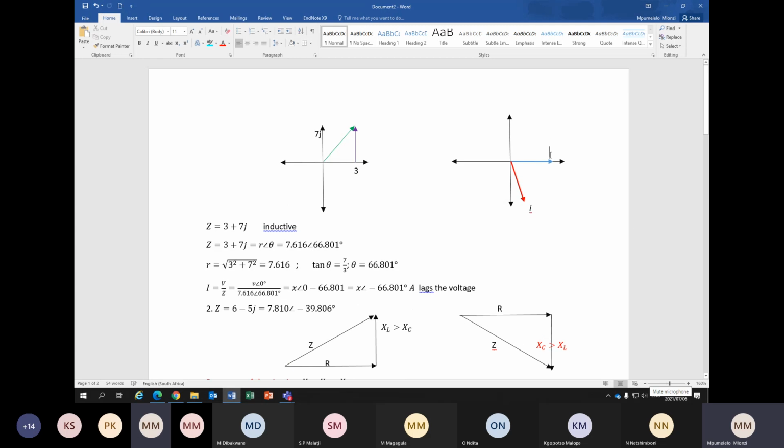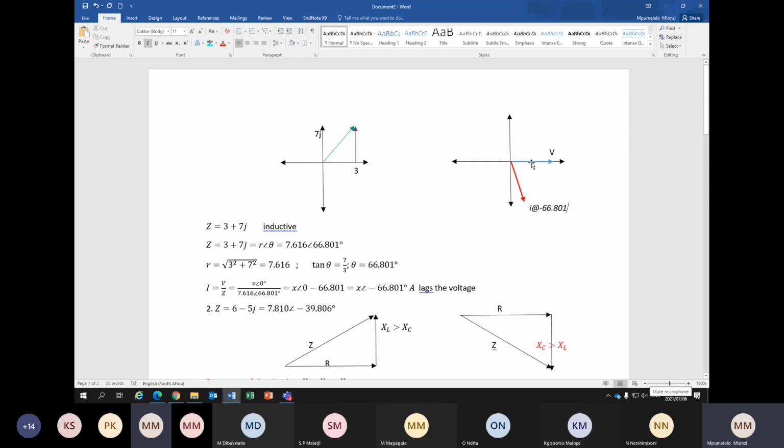Now remember, our voltage is at 0 degrees, and our current is at negative 66.801. This is the angle. Now, what is the angle between these two?